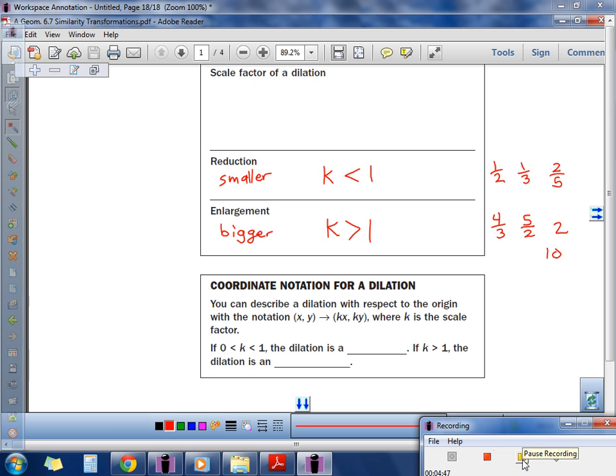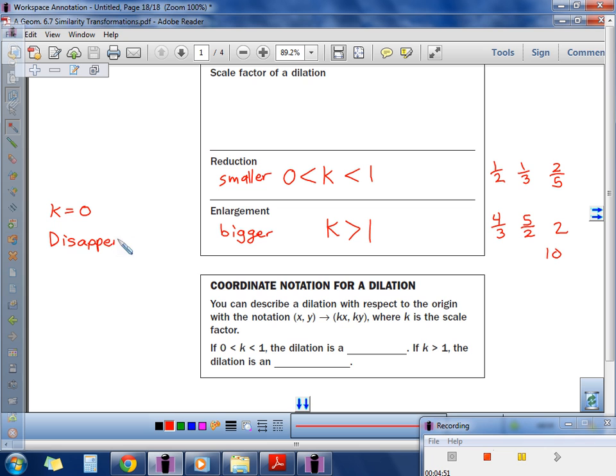The key thing that I also need to mention about a reduction is that it's not going to include 0. So it's only terms in between 0 and 1. Think about this. If a scale factor is 0, what happens when you multiply by 0? Well, you go to nothing, so everything disappears. So we don't like that.